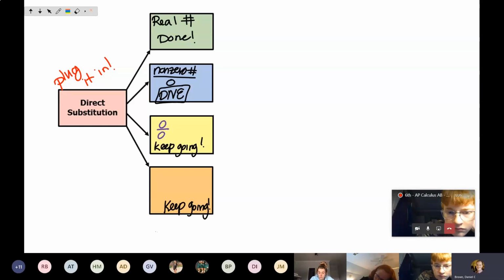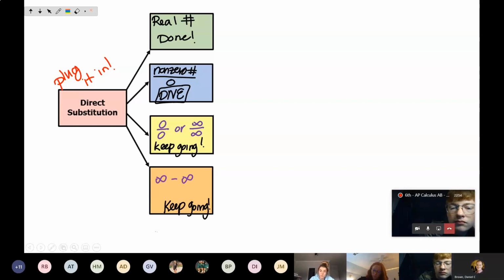That means nothing in math. I'm going to add a second one in here too while we're at it. We're not going to cover these until Tuesday, but I'm going to add infinity over infinity. That's also something that's meaningless technically in math. And then in the orange one, I'm going to add infinity minus infinity. That may not make a lot of sense right now, and in fact, it really shouldn't, but that's just kind of the 4 cases that we have with limits in this class.